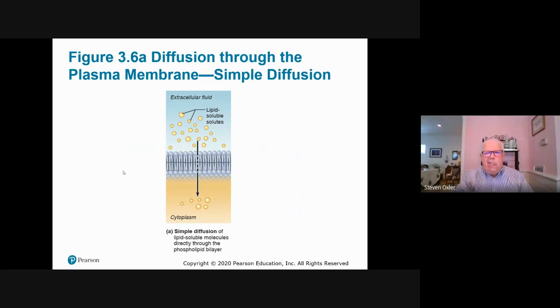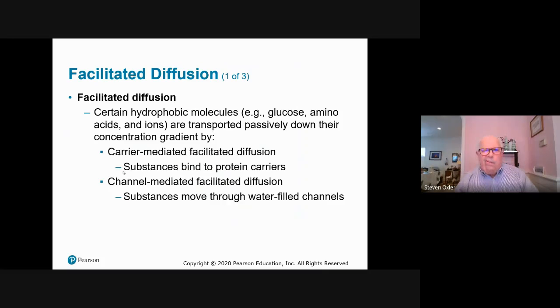It is passive transport. Facilitated diffusion, you need help. These molecules are too big. Glucose, amino acids, some ions are too big to passively be transported. So they need to bind to proteins, or they need to find a channel through which to go.